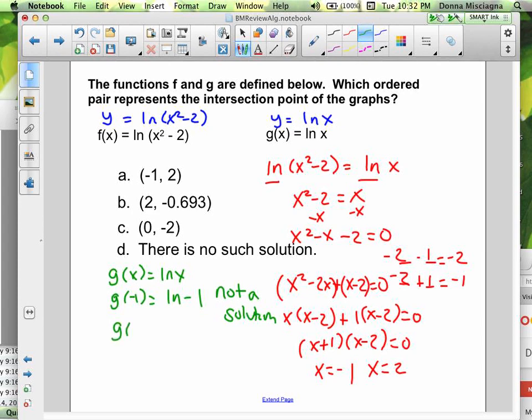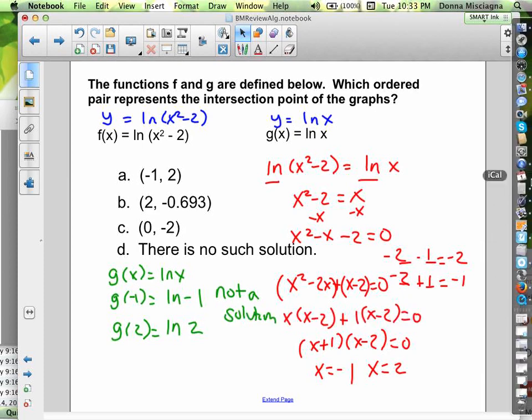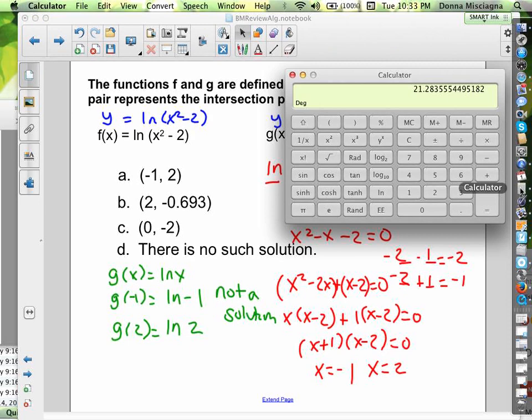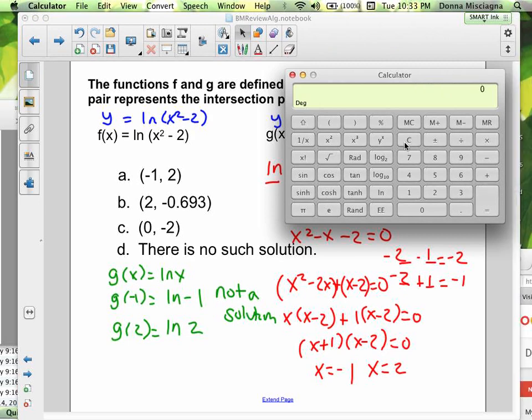So g of 2 gives us natural log of 2. Well, we don't see natural log of 2 as an answer. It'd be nice if we just had that listed as opposed to these decimals. But we can use our calculator. I'll do that real quick, and you can see what natural log of 2 is. It's 0.69. Oops.